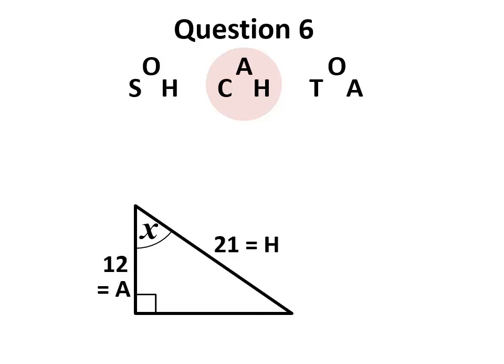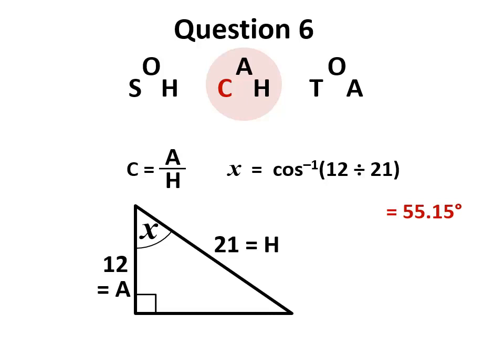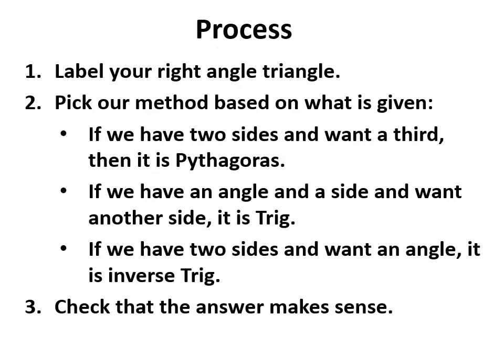We want to find the angle, so this is inverse trig, and we know that cosine of the angle is A divided by H. So our angle is shift cos, 12 divided by 21, our H, and the calculator tells us that's 55.15 degrees.